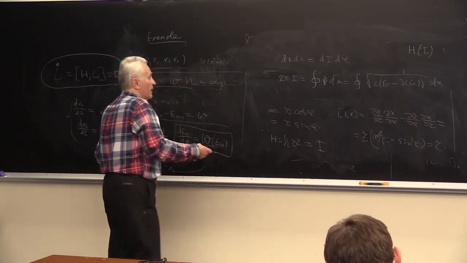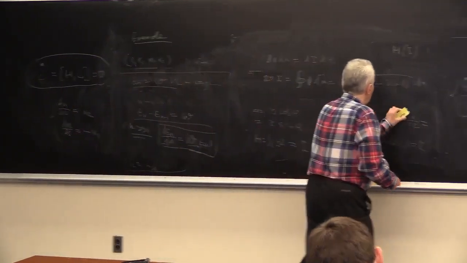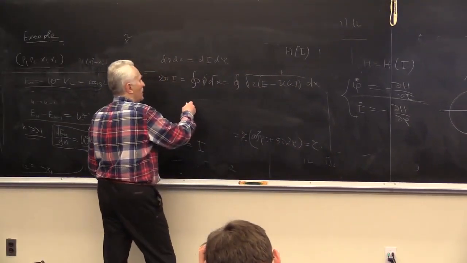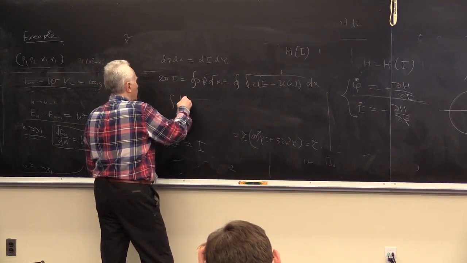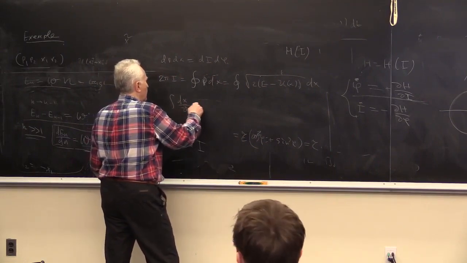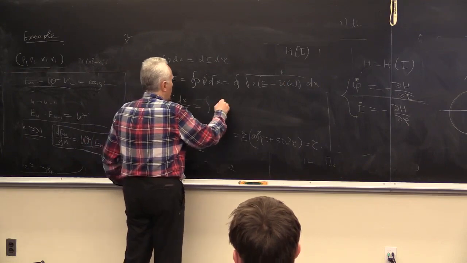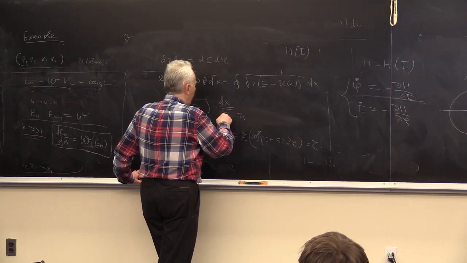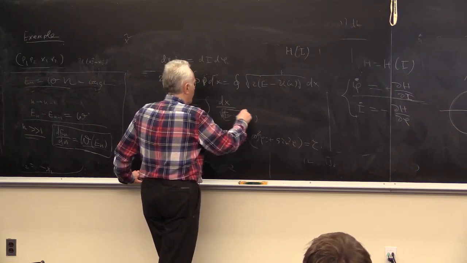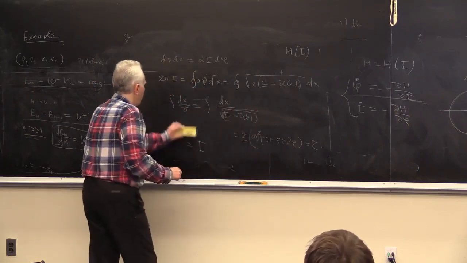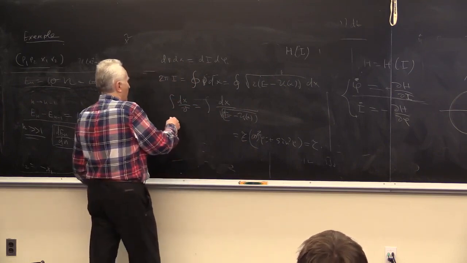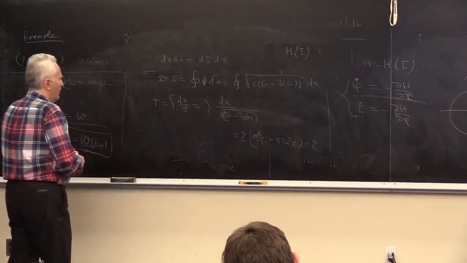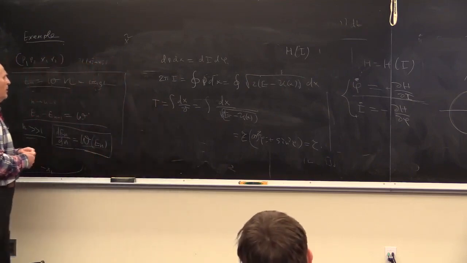For more general mechanical system, basically what determines the frequency is dx divided by velocity. So you have dx over the square root of E minus U. That defines the period of the motion.